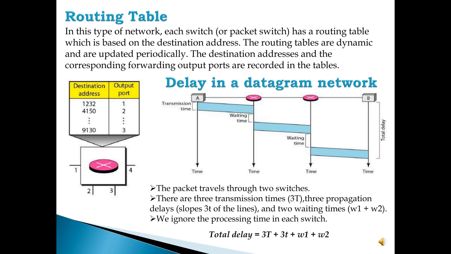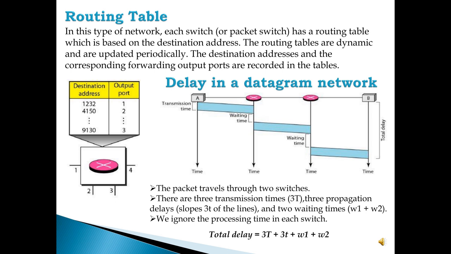Now we can see the specified total delay formations. The packet travels through two switches. There are three transmission times, three propagation delays, which is 3t of the line, and two waiting times, that is waiting 1 plus waiting 2. We ignore the processing time in each switch.